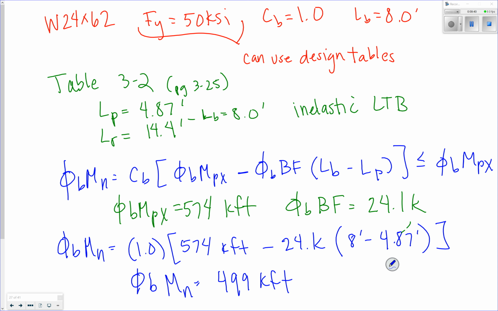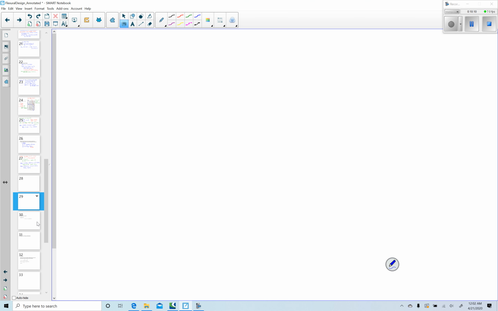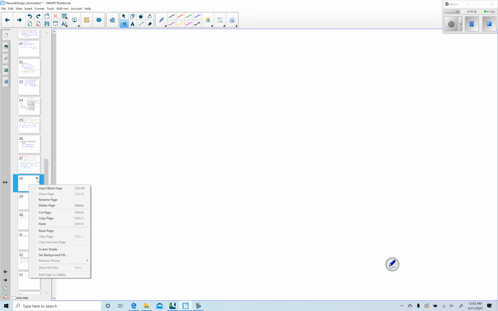So if I want to know what my flexural capacity of a W24x62 with Fy 50 and an unbraced length of 8, assuming a Cb of 1 and major axis bending, I can hold just under 500 kip-feet. I have a bunch of blanks in here because sometimes I write big. So I will delete those.